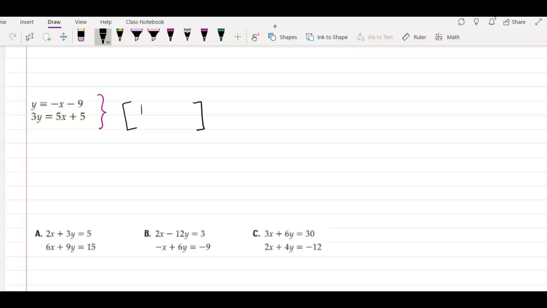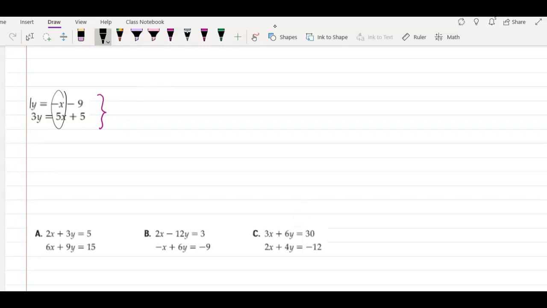I don't want to just go 1, -1, -9, 3, 5, 5, because this is my x column. These are not x's. Furthermore, this is supposed to be my y column. These are not y's. And here are my numbers. They might be okay, but bottom line, we can't just start dumping the numbers into the matrix without getting it into the right form first.